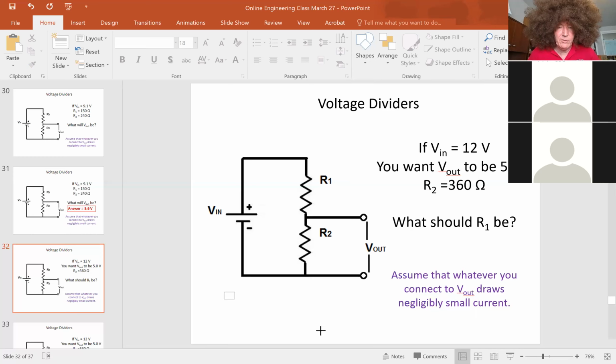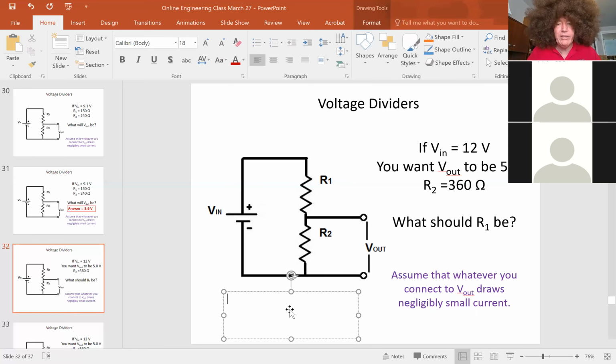First thing we're going to do is calculate the current. We know that the current equals V over R. I'm going to look just at my R2 because I know the value of R2. I know that R2 is 360 ohms, and I know that the voltage that I want across R2 is 5 volts. So I'm going to take the voltage that I want across R2 and divide it by R2's value, which is 360.